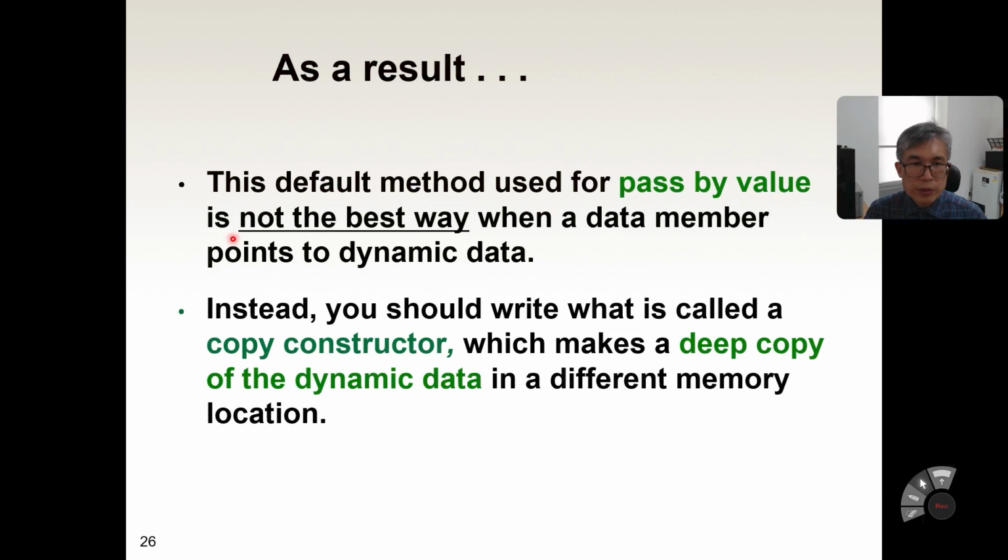As a result, this default method used for pass by value is not the best way when a data member points to dynamic data like a linked list. Instead, you should write what is called a copy constructor, which makes a deep copy of the dynamic data in a different memory location.